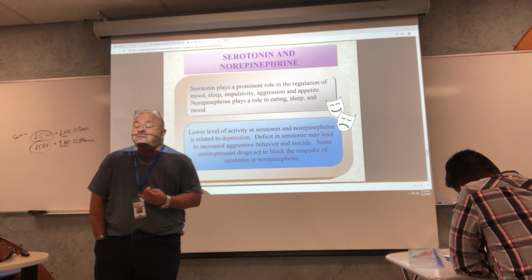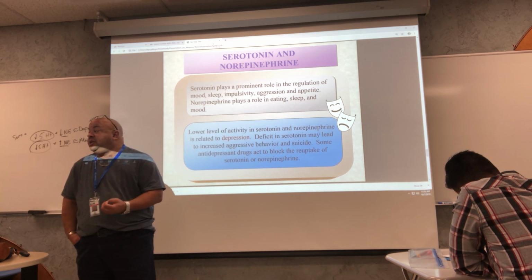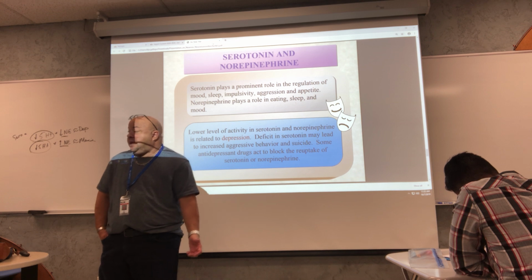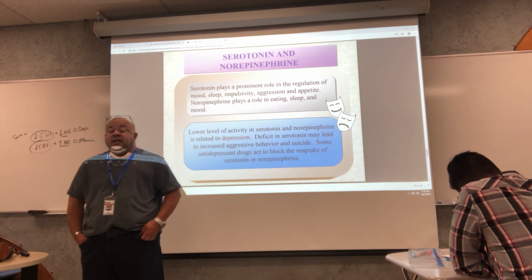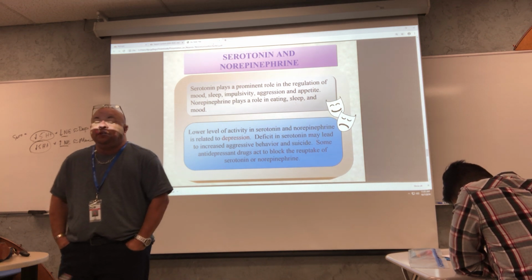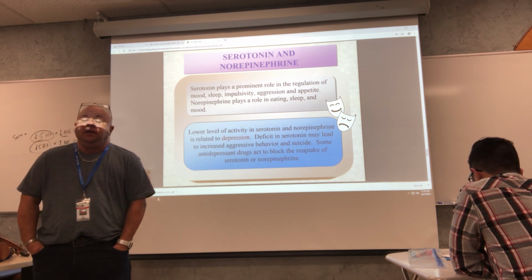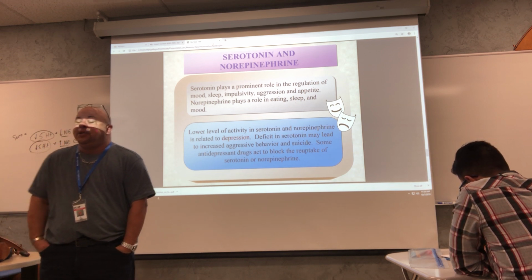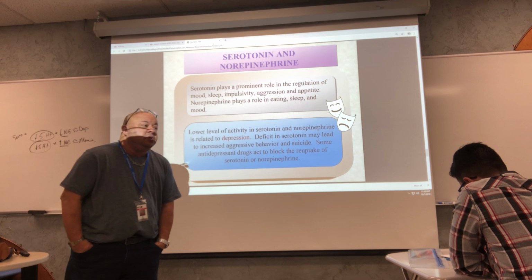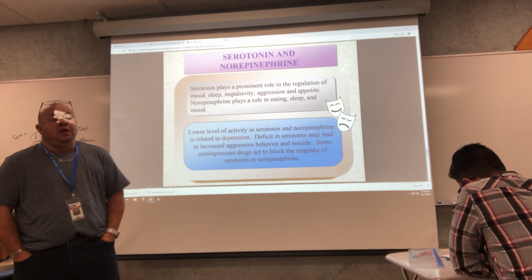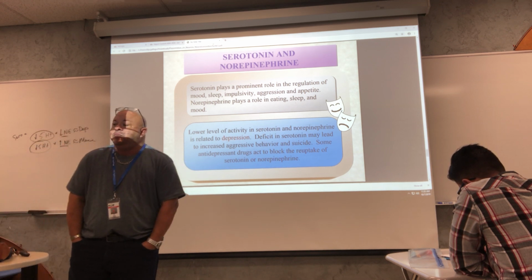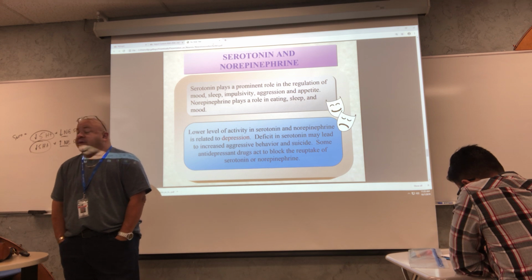They also don't seem to be interested in things that used to cause them pleasure, so they lose interest in things. They usually will have some sort of changes in their sleep and appetite. For some people, they might sleep too much or eat too much. Other people might not be able to sleep and have lost their appetite or something like that.